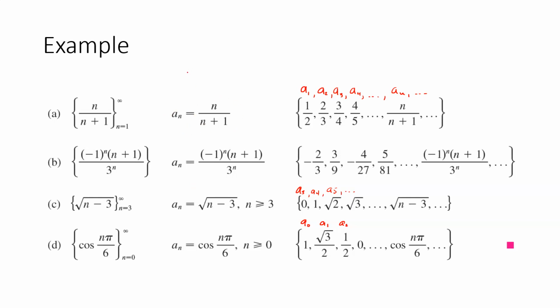In each case here, a_n is defined as a function of the variable n, where n is some integer value. Some of them start at different values, but by default, we assume n starts with n equals 1, and then continues up from there, n equals 2, and so on.